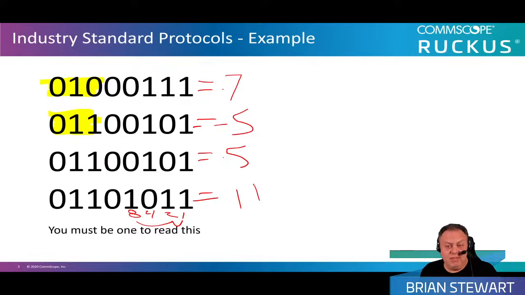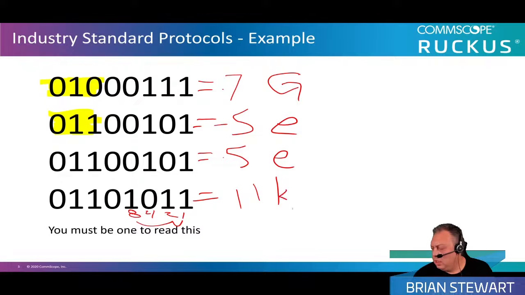If I take that 7, 5, 5, 11 and count up through the alphabet, A, B, C, D, E, F, G, so a 7 is equal to the G. We do the same thing for the other ones, and we see that spells the word geek. You have to be one in order to read this.